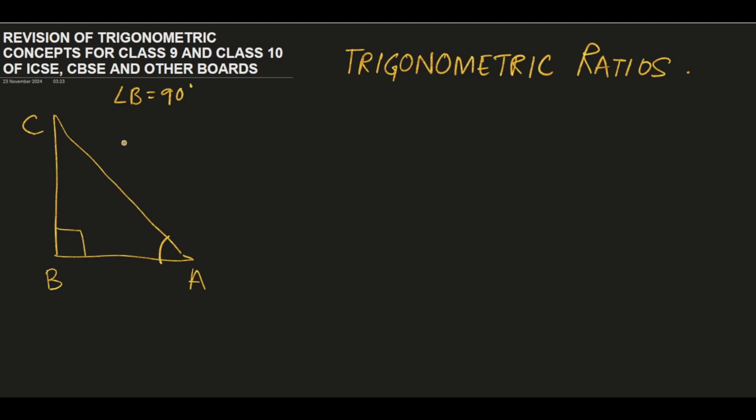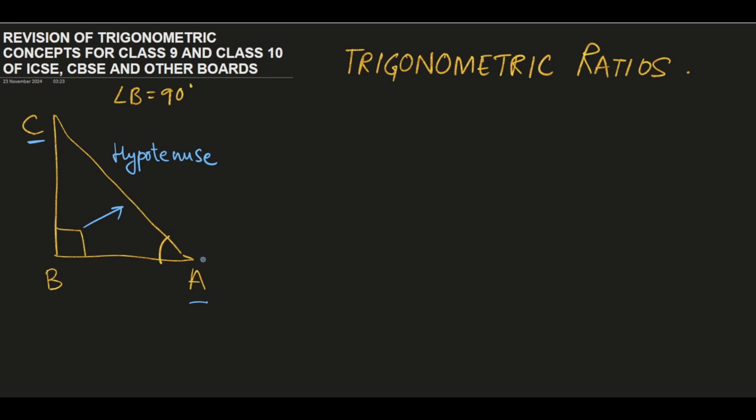Okay. Let's name the parts of the right angle triangle. Opposite to the right angle means this side. The side which is opposite to the right angle is always called hypotenuse. And the side which is opposite to the angle that we have considered in trigonometric ratios, like there are two angles, one is C and one is A. Out of these two, I have to consider one angle.